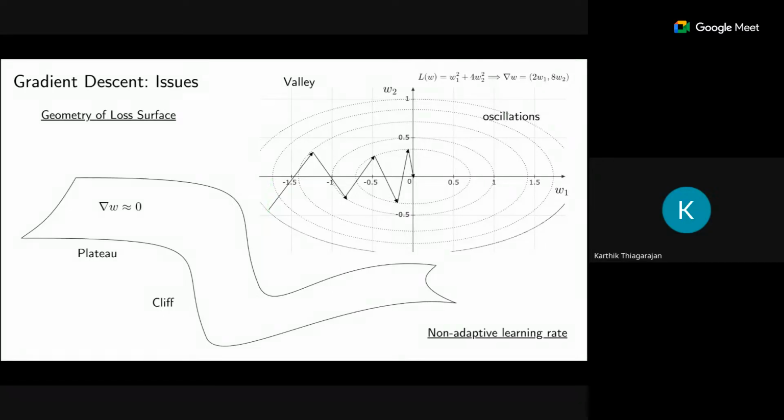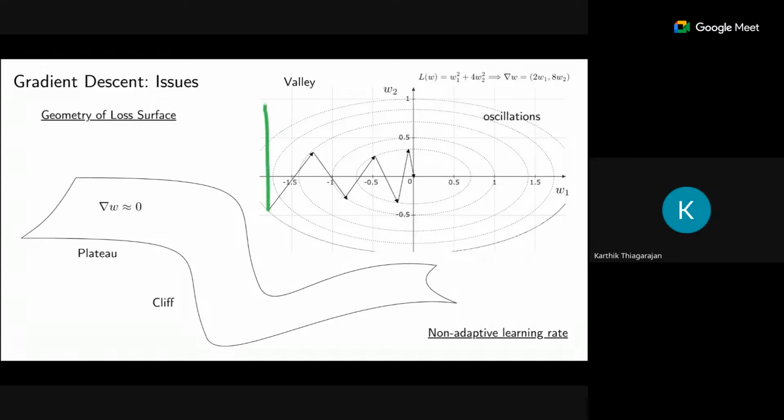Therefore, I don't need a very high learning rate in the vertical direction. Whereas in the horizontal direction, I might take the help of a slightly larger learning rate, because I want this component also to be large. Currently this component is large and this component is small. What I want is a learning rate which adapts to the direction in the weight space.